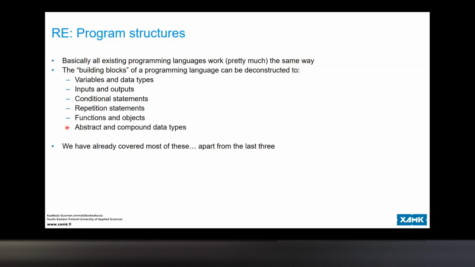But basically, all in all, once we have gone through functions, then we have almost all the basic building blocks, and I would say probably important building blocks for making basic programs anyway.